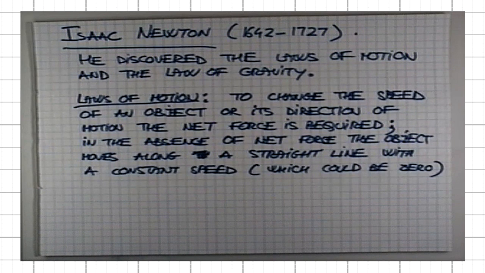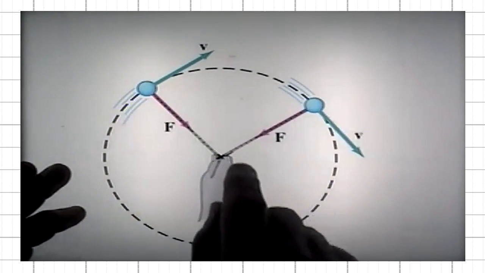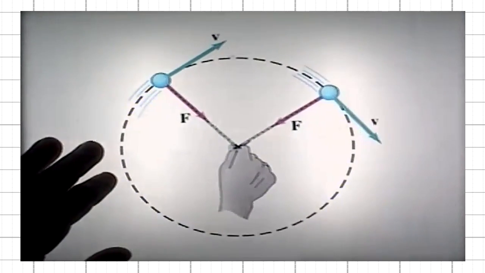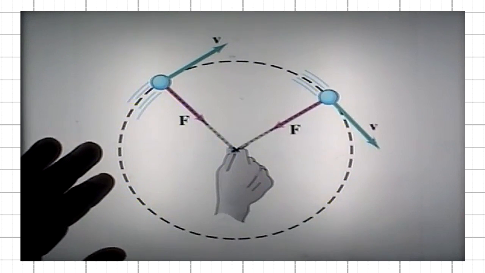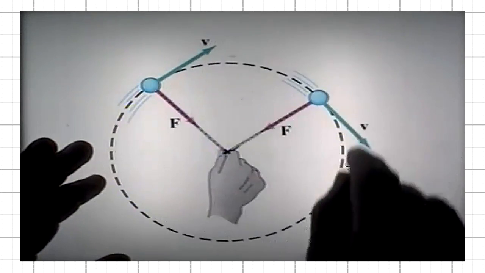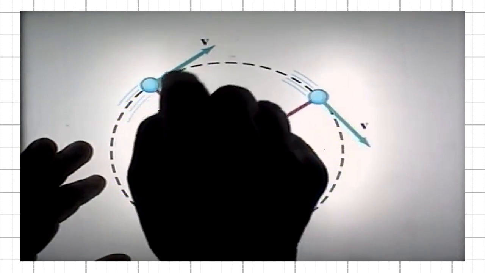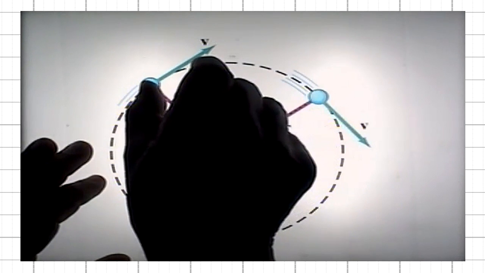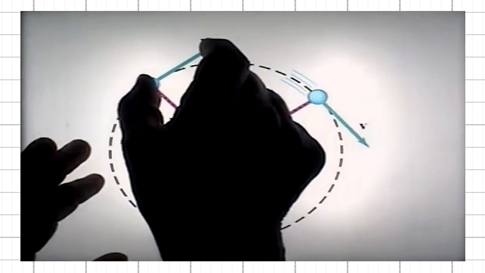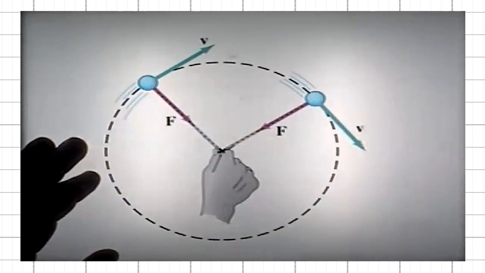But at the same time, in order to change the direction of motion of an object, you need to apply a force. And let me show that. When you are whirling around an object tied to a string, which you hold in one hand, even if the object is moving along the circular path with a constant speed, that is, the distance it covers in the unit time is always the same, nevertheless you are changing the direction of motion of the ball.